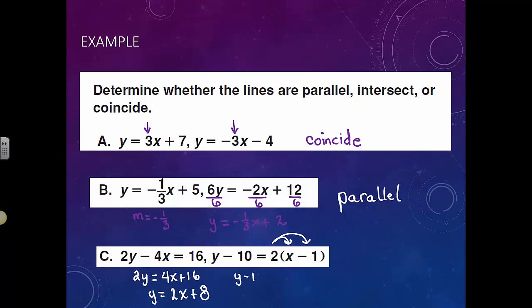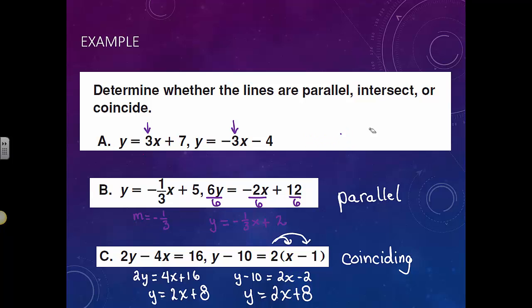I get y minus 10 equals 2x minus 2. Then add 10 to both sides, and I get y equals 2x plus 8. So because they have the same slope and the same y-intercept, that means these lines lie right on top of each other, and we would call them coinciding lines, or we would say that those lines coincide.